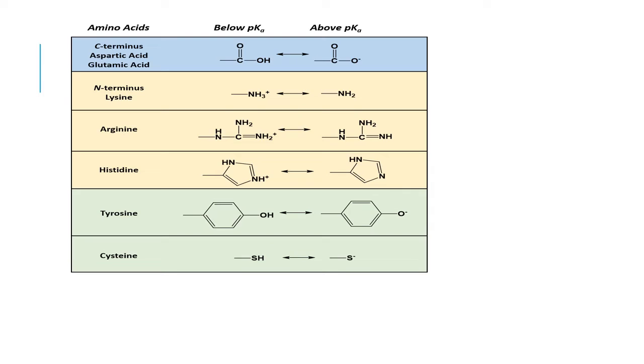This table has about 3 columns, not really columns, but let's just call them columns for easy understanding. The first column is where we find the names of those amino acids, and then what will happen if the pH is below a certain pH we are going to talk about, the isoelectric point, or what if it is above.